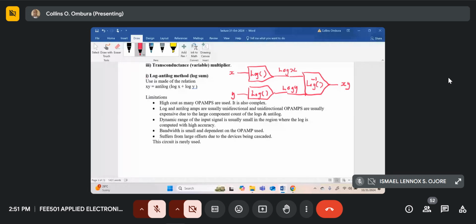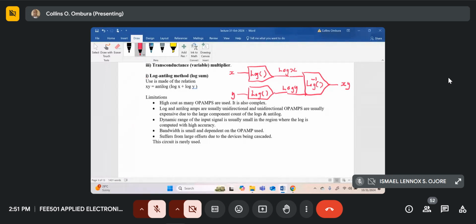We studied these circuits in the earlier topic, and you can see that to design a good log amp requires very many op-amps, and op-amps suffer from offsets.